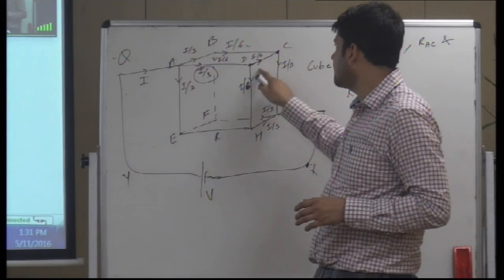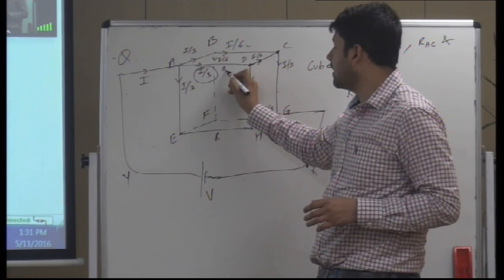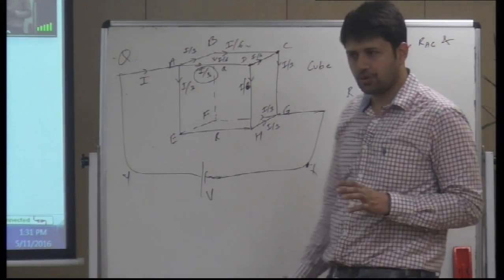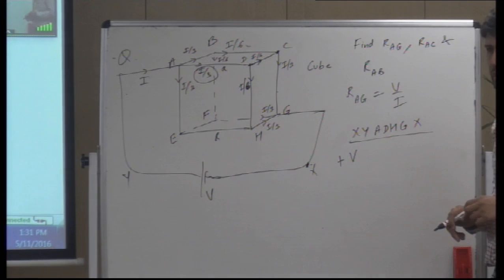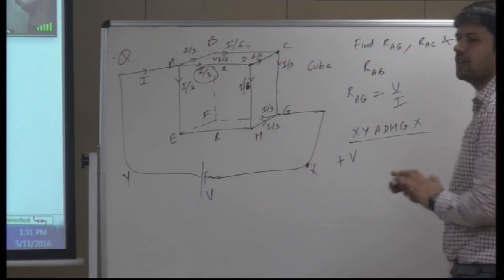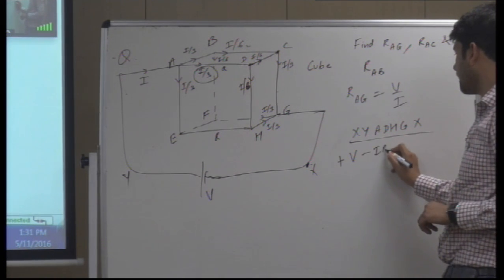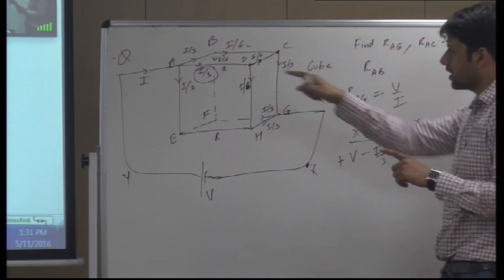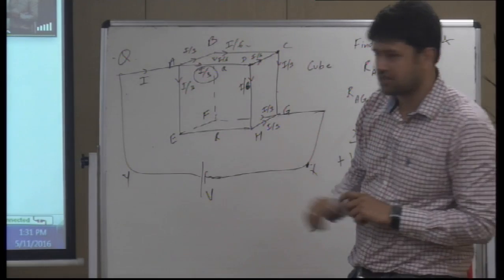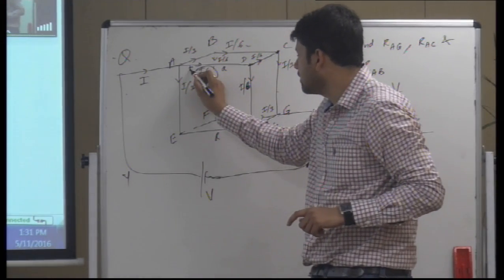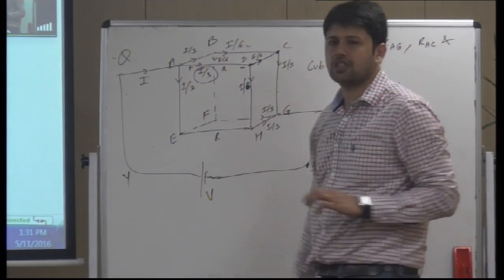A to D, the resistance is R and the current flowing is I by 3. Is it okay? So a drop of IR by 3. Why? Because current flows from higher potential to lower potential. So this must be at higher potential and this must be at lower potential.